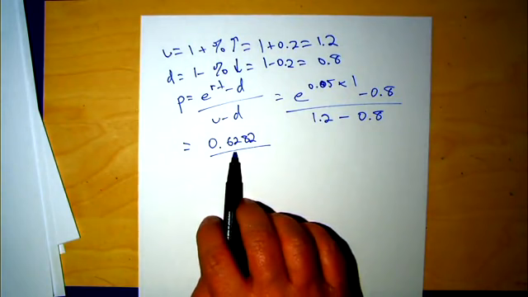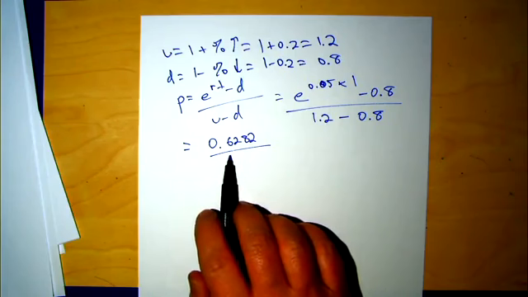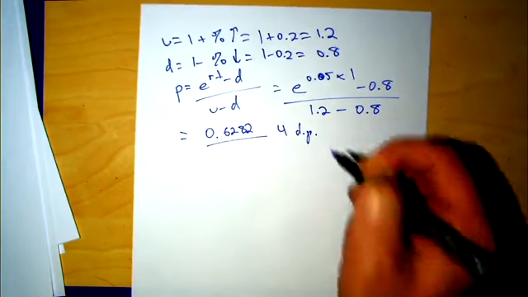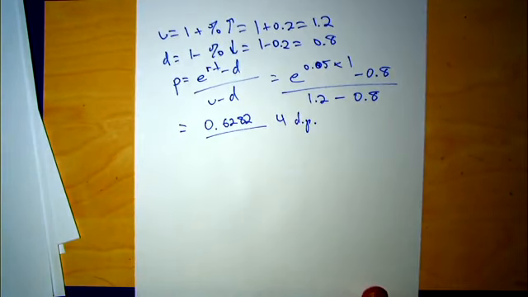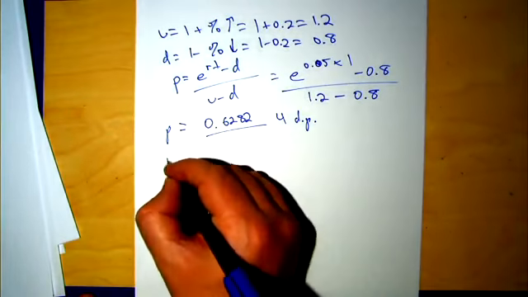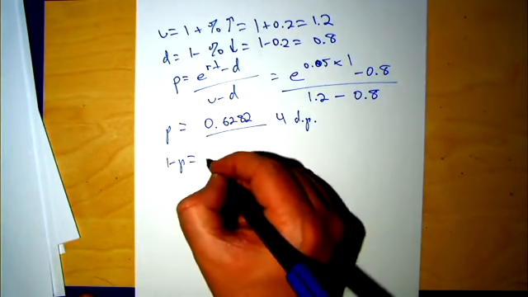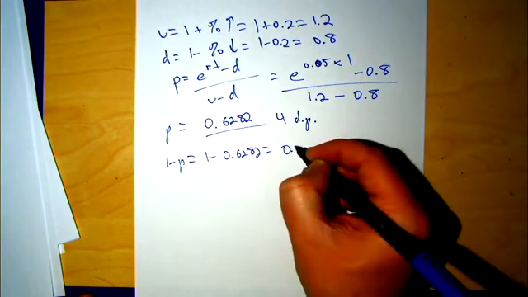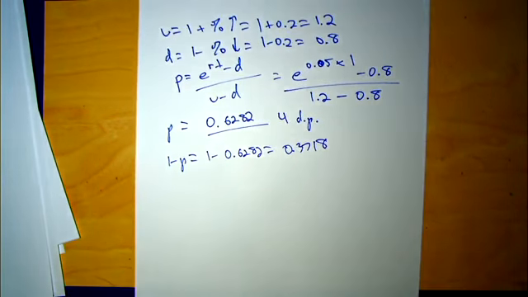Okay, you do not have to keep all the decimal points on your calculator. That just becomes a little bit cumbersome and you'll probably make mistakes. If P equals that, 1 minus P equals 1 minus 0.6282, which equals 0.3718.